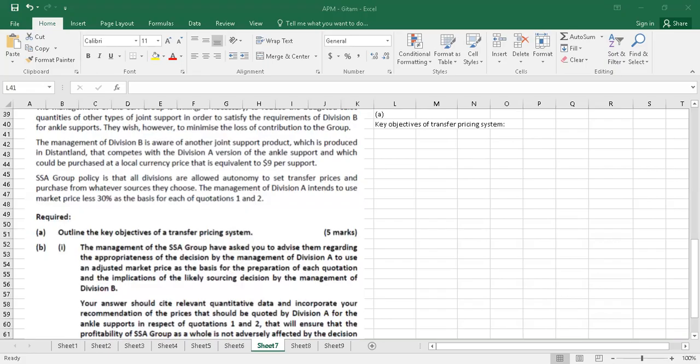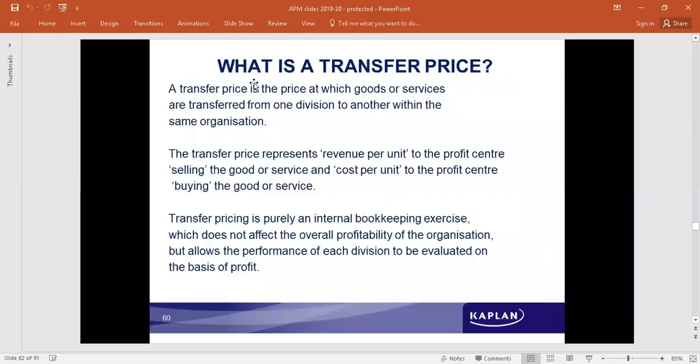What is the concept of transfer pricing?